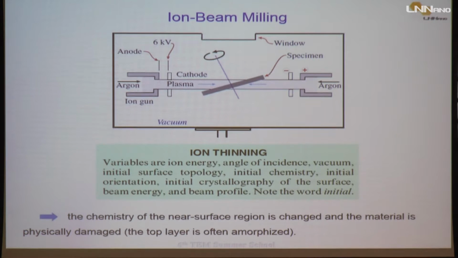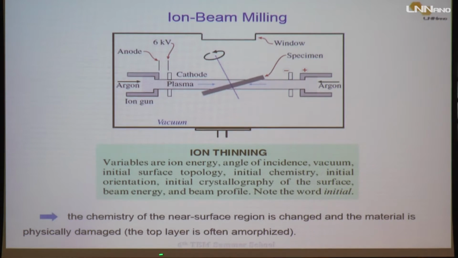The smaller the beam energy, the gentler the milling that will occur in your sample. Okay. As I told you also, the beam profile used to be fixed and not really localized. You focus the beam, but it's very open and it corrodes everything in your sample. Okay?